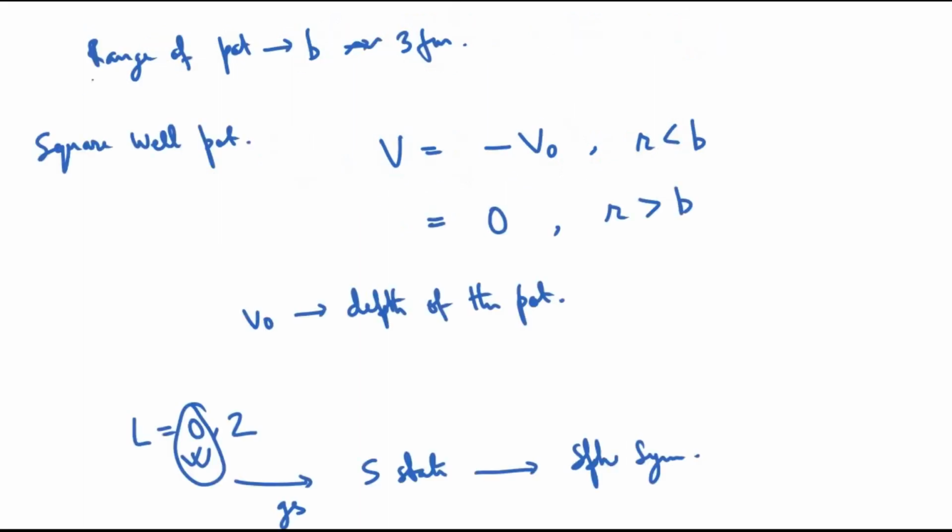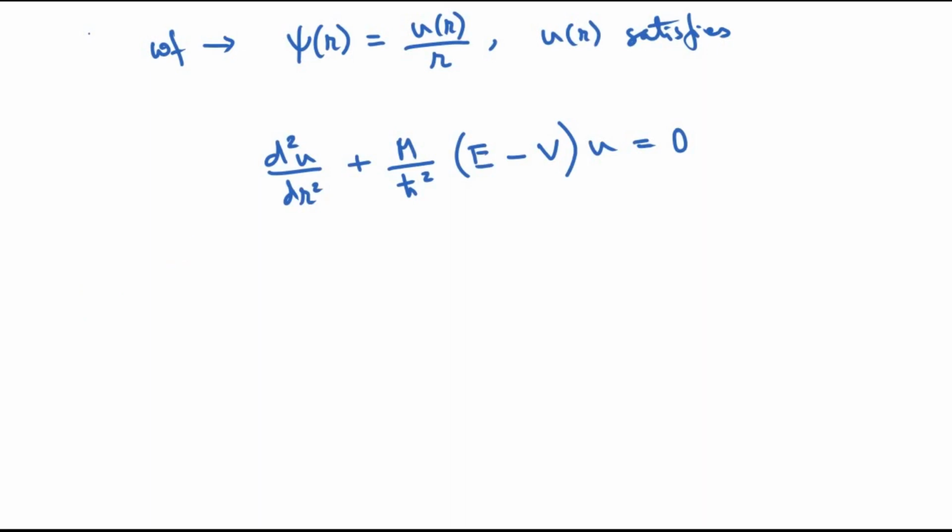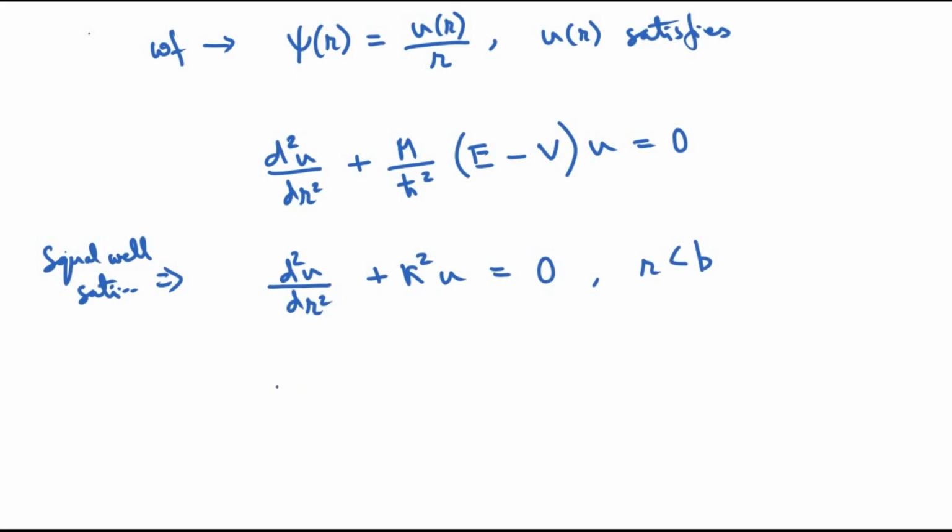Now if I consider the square well potential, then the equation gives us d2u/dr2 plus kappa square u is equal to 0 for r less than b, and d2u/dr2 minus alpha square u equal to 0 for r greater than b.